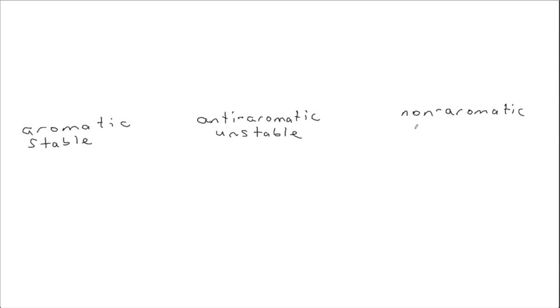And non-aromatic means normal. It has the same stability you would normally expect from the Lewis structure. So in the first semester, we basically worked with non-aromatic compounds. So non-aromatic means just like the normal compounds we worked with in the first semester. And aromatic and anti-aromatic are 2 new types of compounds that we're now introducing in the second semester. Aromatic is unusually stable, anti-aromatic is unstable. Okay.